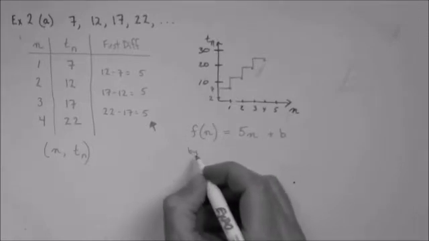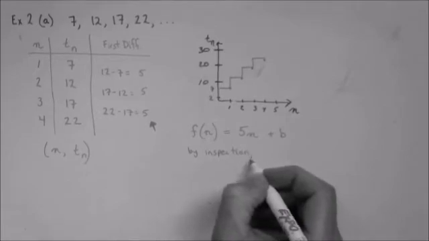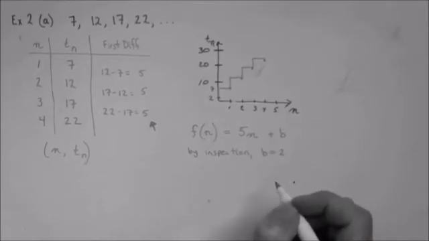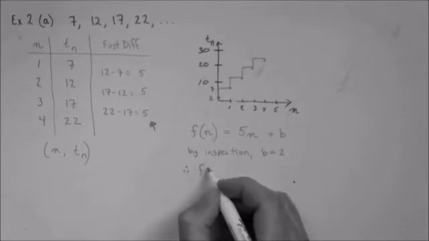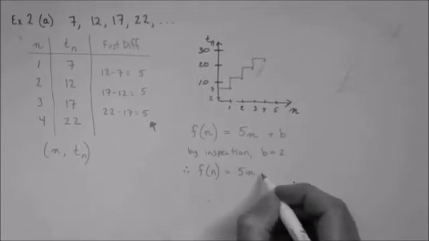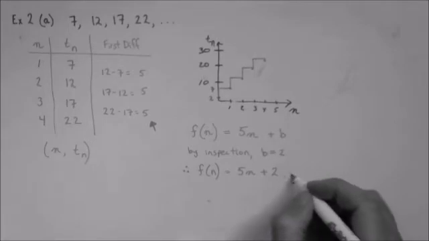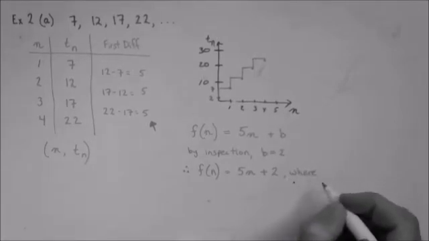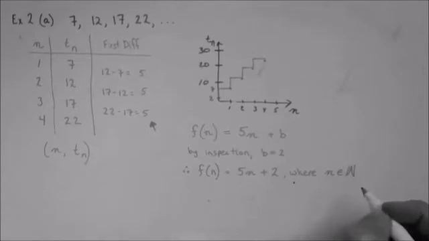So by inspection, b equals 2. Therefore, f of n is equal to 5n plus 2, where n belongs to the set of natural numbers.